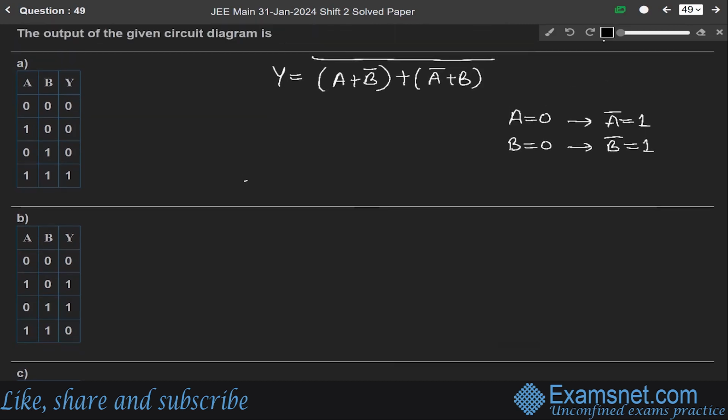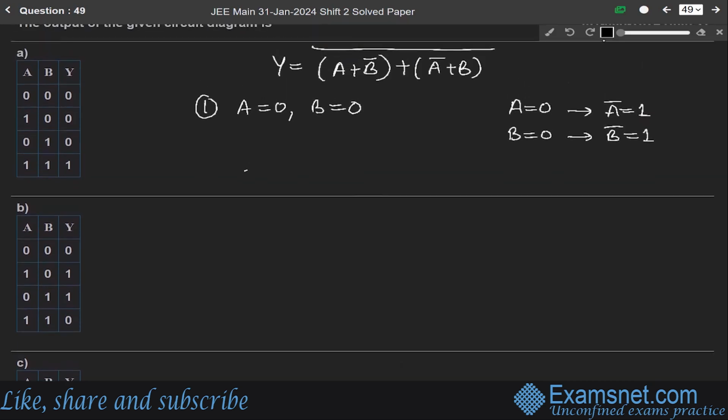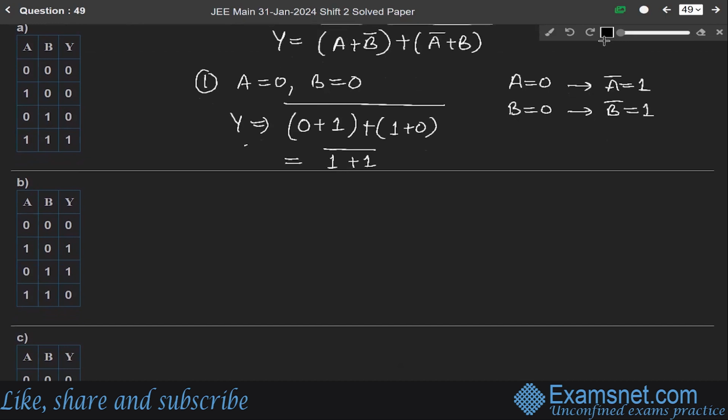So first condition, when A is 0 and B is 0, this output will be equal to (0 plus 1 plus 1 plus 0) whole bar. So it will be equal to (1 plus 1) whole bar. 1 plus 1 is 1 and its bar is 0. Okay. So for A equal to 0 and B equal to 0, Y is also 0.